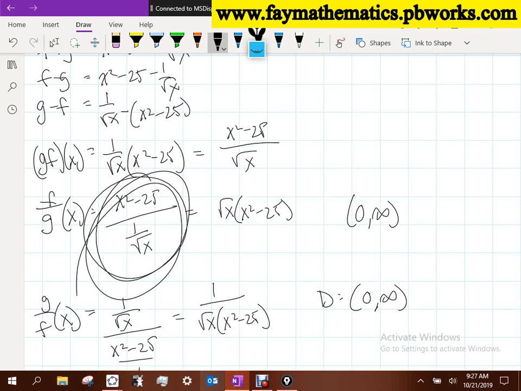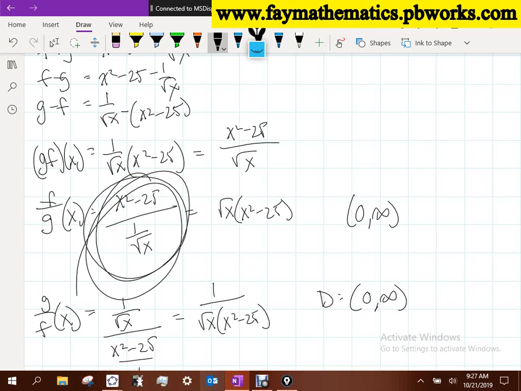But it also said in division where g of x, which is x squared minus 25 in this case, which actually is our f of x, but if you go back to the definition in blue, it said g of x, the bottom function, cannot be 0. So where else do we end up with a problem for the domain here?